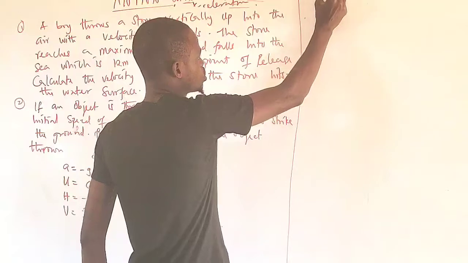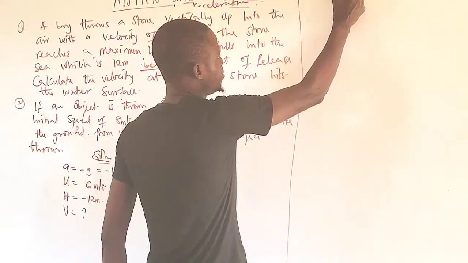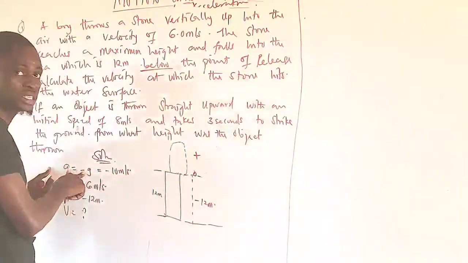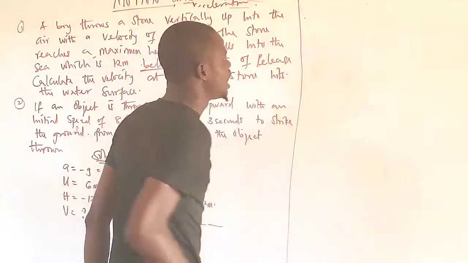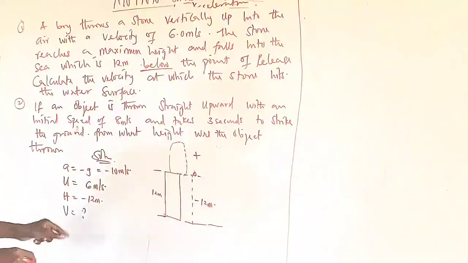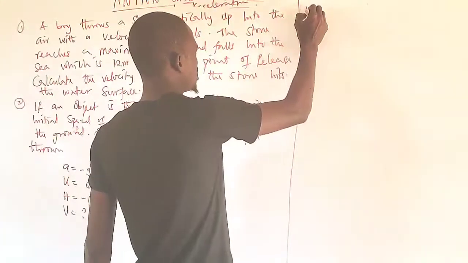Then what is the equation that we're going to be using here? V squared equals U squared. Please don't forget my a is negative. That will be minus 2GH. Now, let's try to solve this out. From here, I'll have V squared, that's what we're looking for.